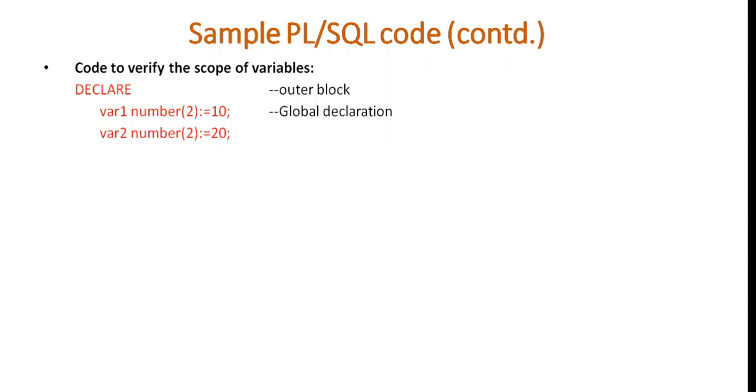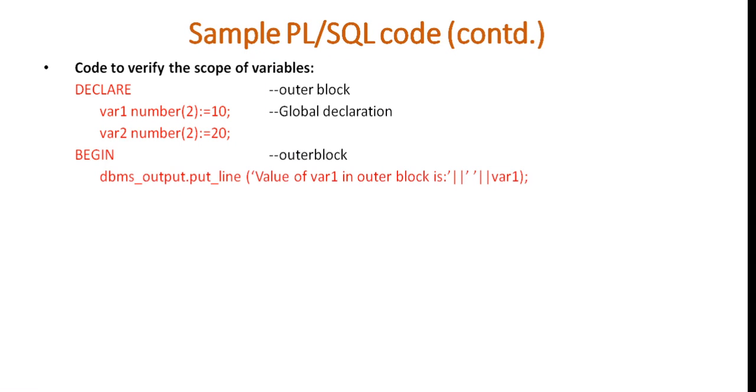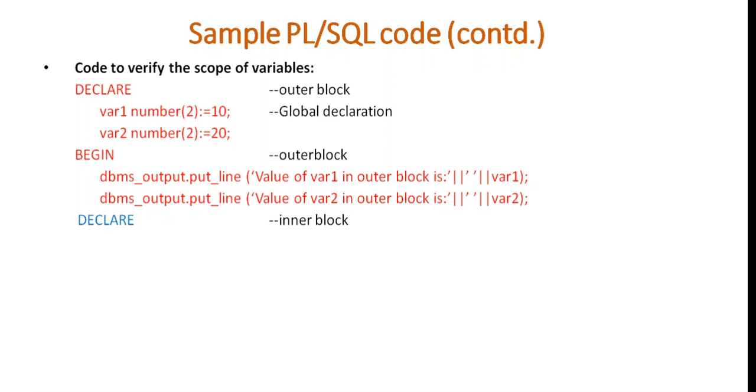So this is the outer block, and since these variables are declared in the outer block, it is a global declaration of the variables. Now the begin section of the outer block: here we are displaying the values of variable 1 and variable 2.